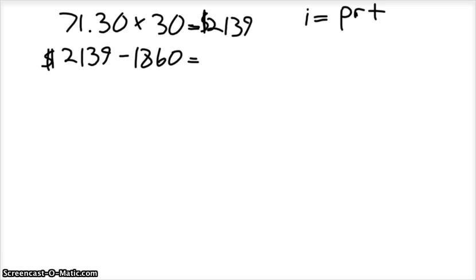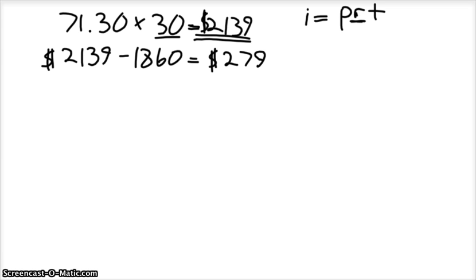Remember, this is the amount that he ended up having to pay with his interest. So we are actually trying to find R. He overall had to pay $279 more. That's how much more he had to pay because he chose to pay over time, over 30 months, compared to all up front, $18.60.